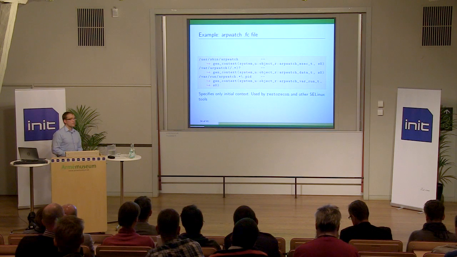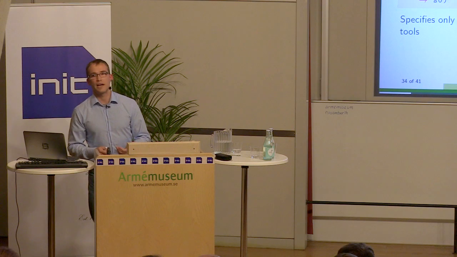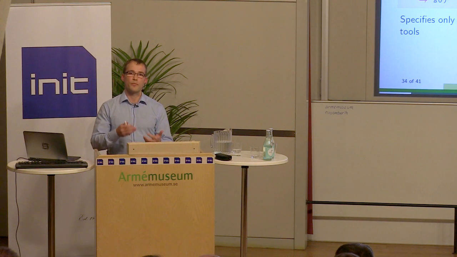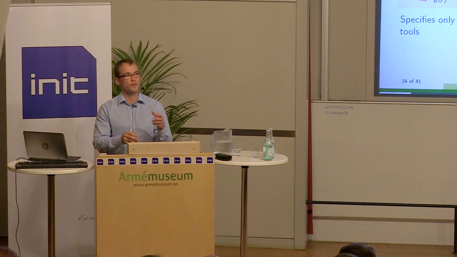But if you then move a file to another location, or if you compile a new binary in your home directory, and because of that it gets the type of files that live in your home directory, and you move it to this location and you're not using the proper options, again capital Z, then this type won't be reset to what's specified here in the .fc file. And this is one of the things that happens on SELinux systems all the time. So if something breaks, look at the types.